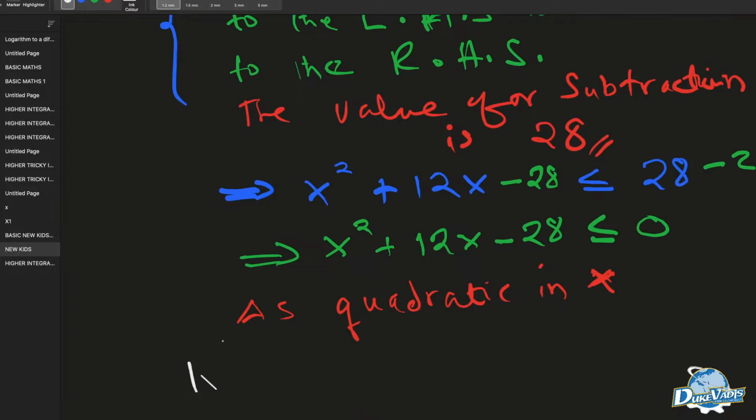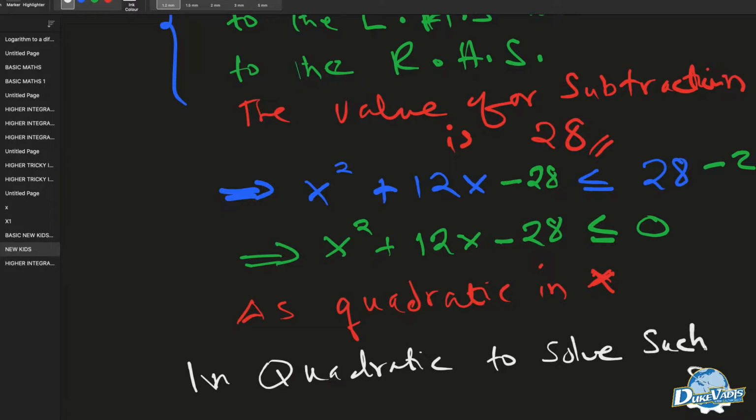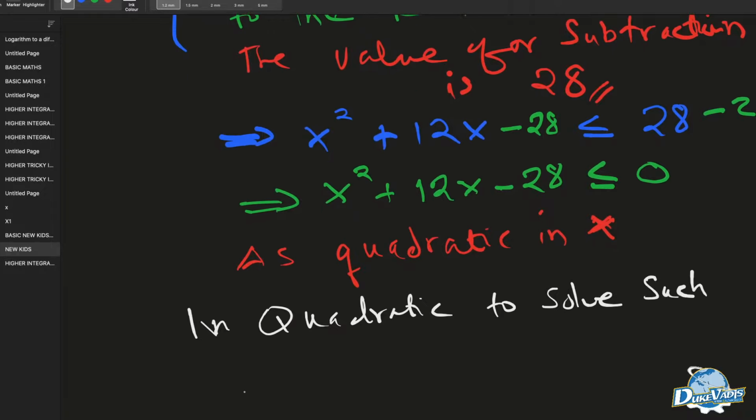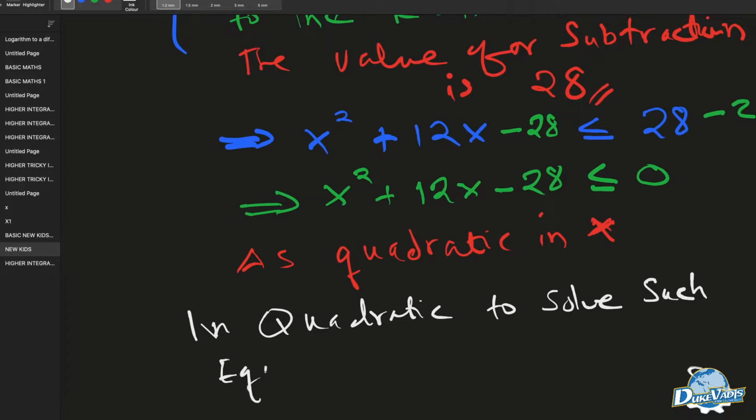To solve such an equation, we have steps.